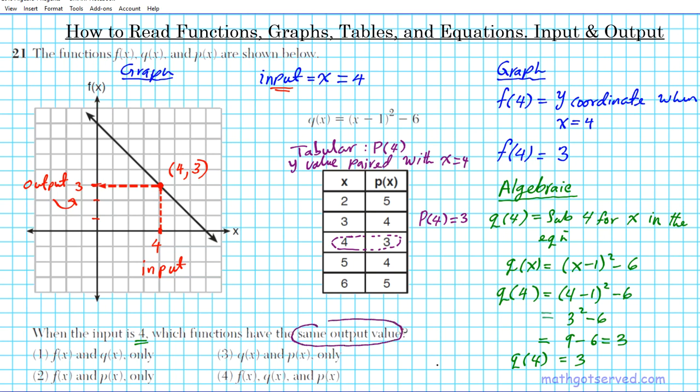For the graph, the output was 3. For the algebraic equation, the output was 3. And for the tabular representation, the output was 3 also. So the answer to question number 21 is option 4, because all three of them, f of x, q of x, and p of x, have an output value of 3 when the input is 4.